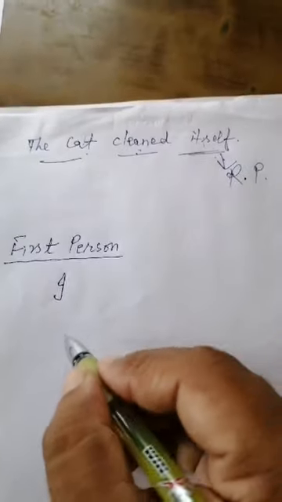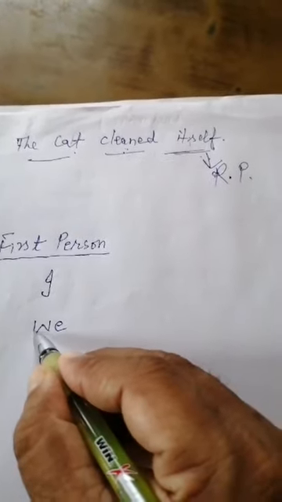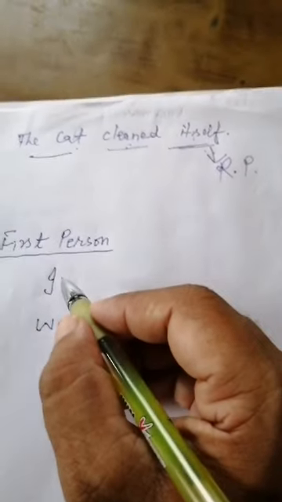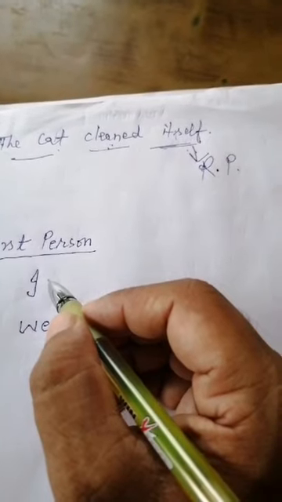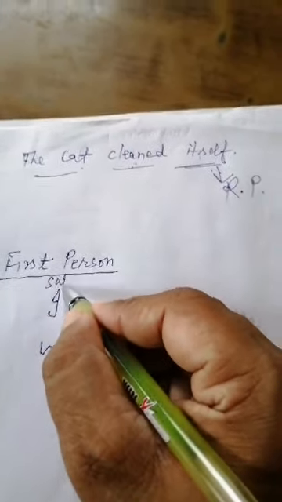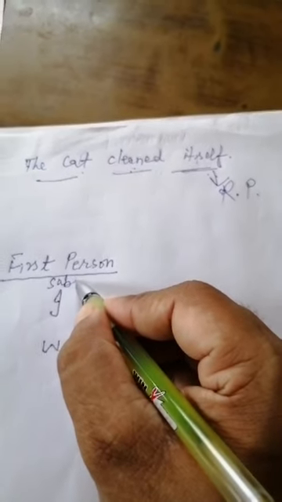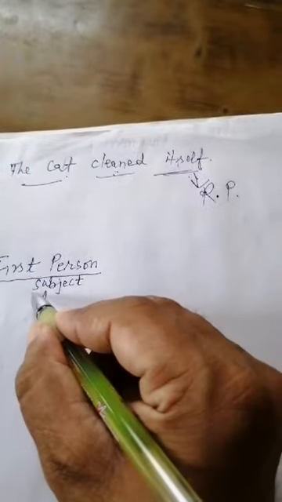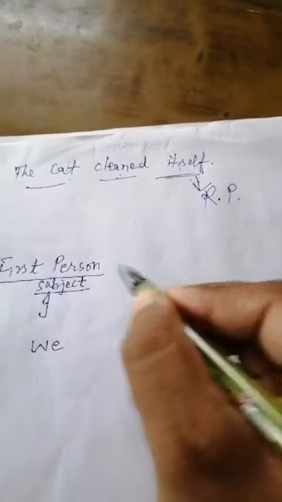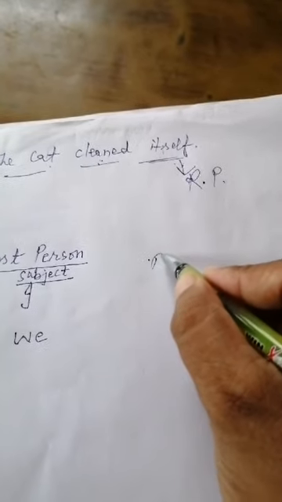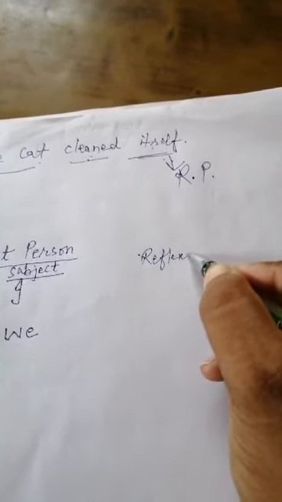I and we. You know that I and we are your first person. Here I is your subject.